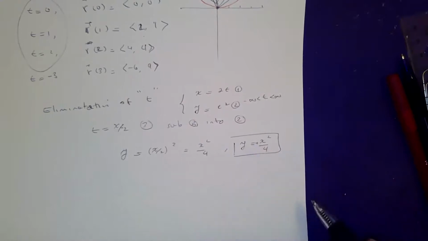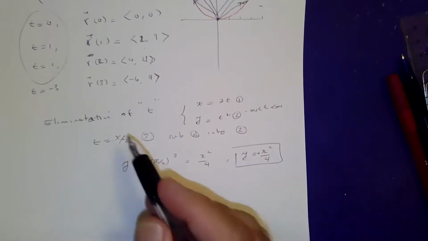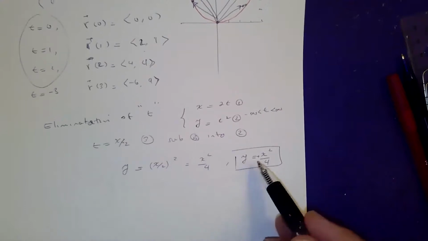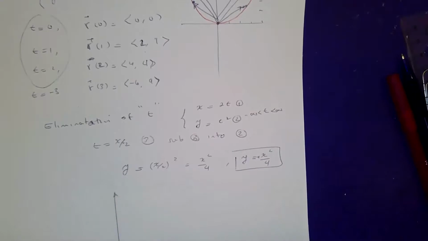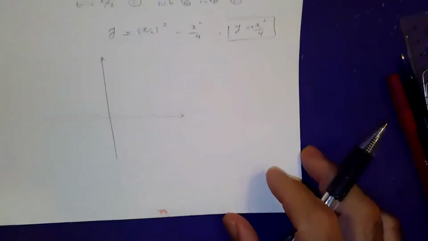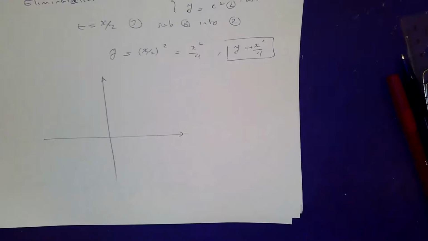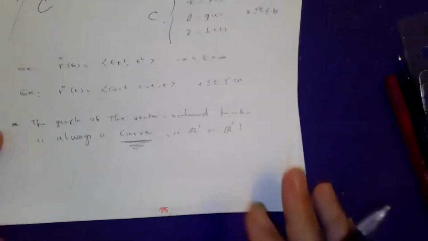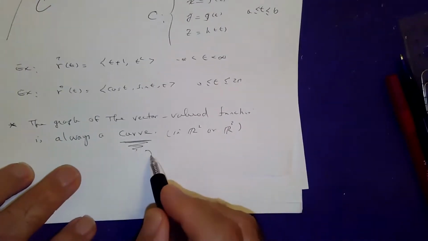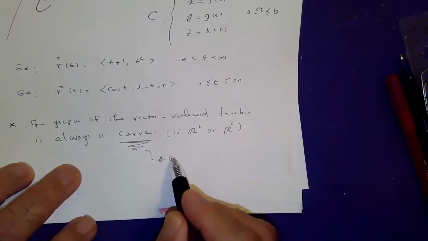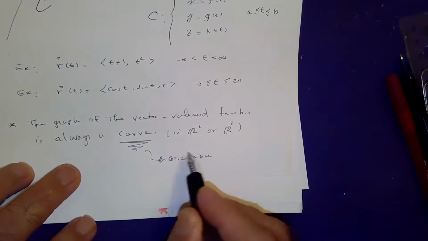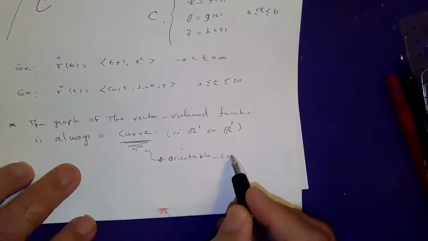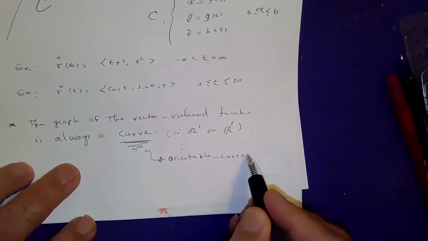The only problem is when you eliminate the t, it doesn't tell you the direction of the path because these guys, remember I said right here, the graph is a curve. May I also add, these are orientable curves, not just any curves.